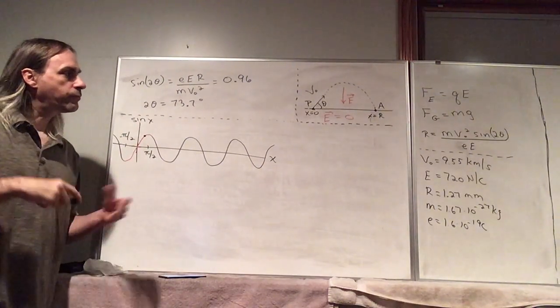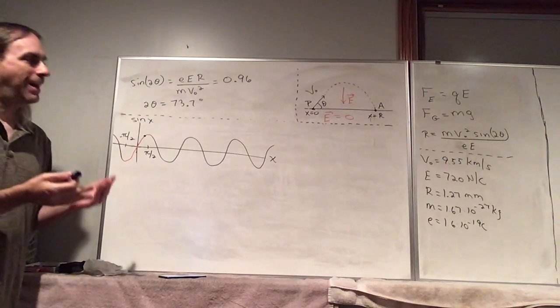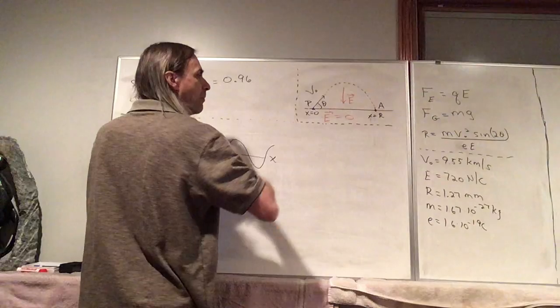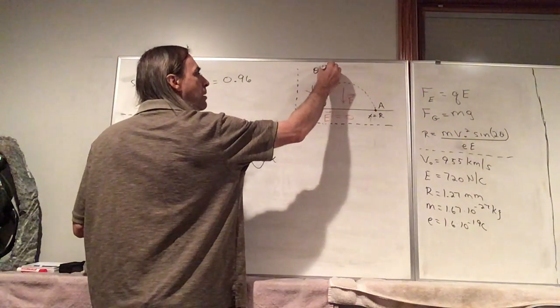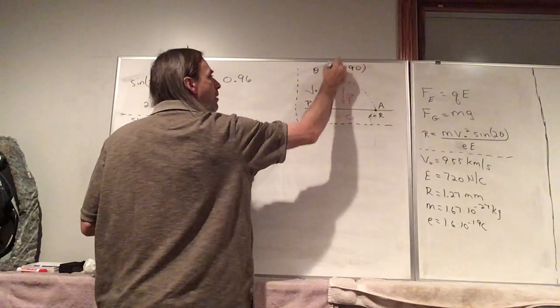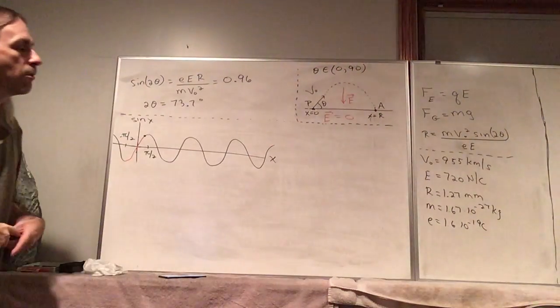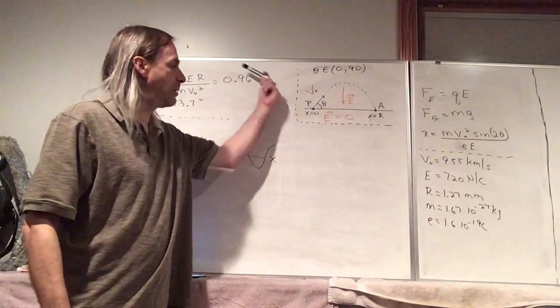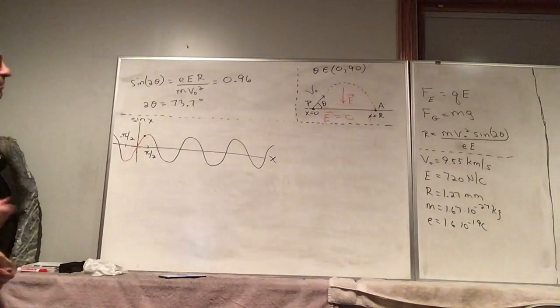Now, just based on the physical problem, we know the actual angle theta has to be in the range of 0 to 90 degrees. We're firing it to the right, so it has to be between 0 and 90 degrees, otherwise it's going backwards.